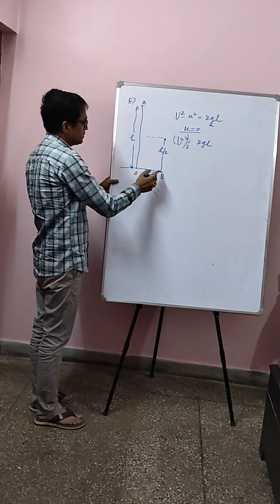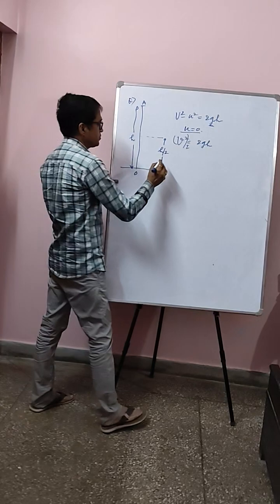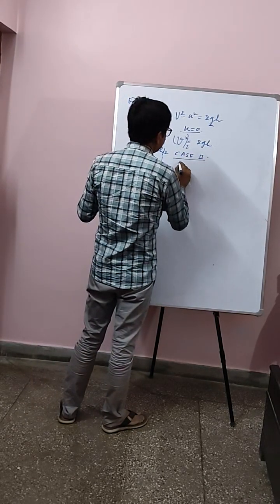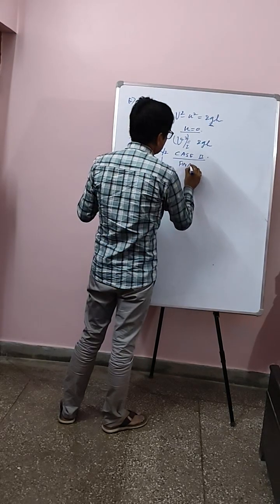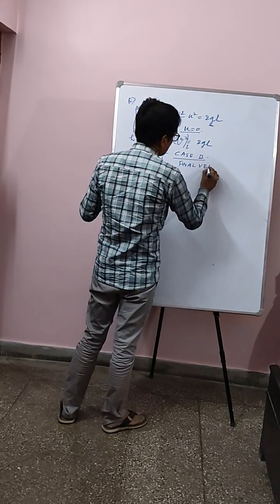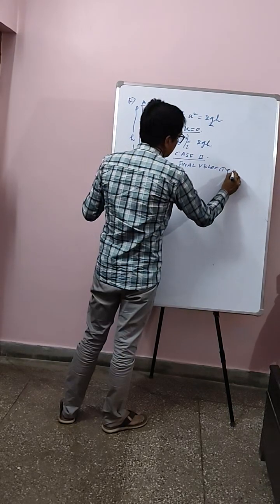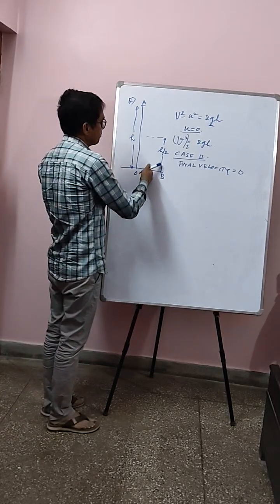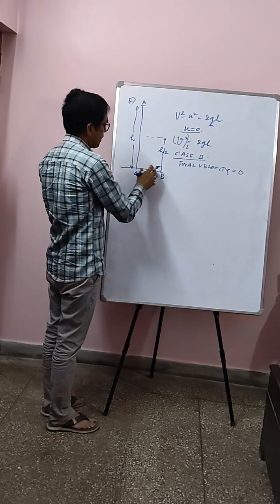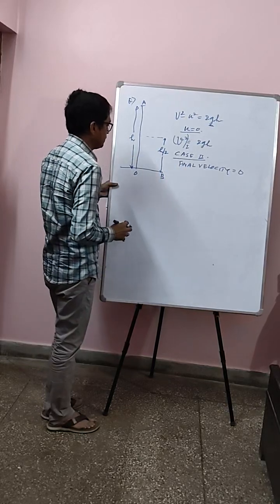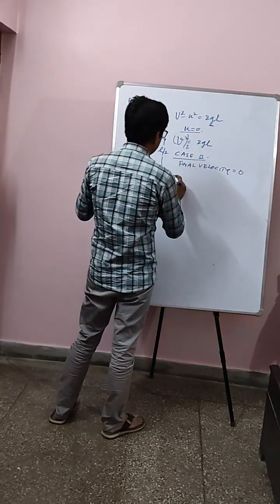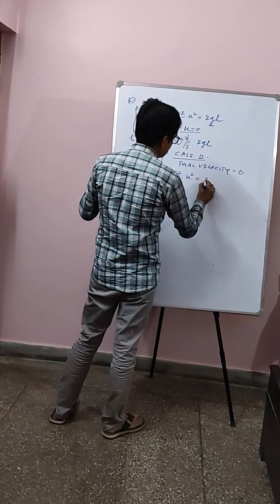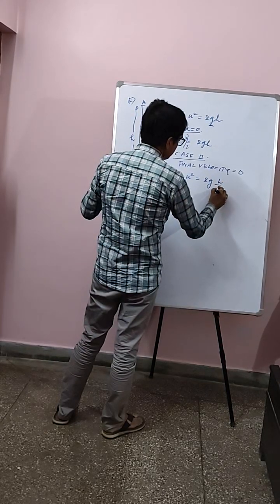Now, after collision, it rises to height h upon 2. So in case 2, the final velocity equals 0. So the initial velocity we have to calculate. What is the velocity after collision? We have v square minus u square equals 2g into h upon 2.